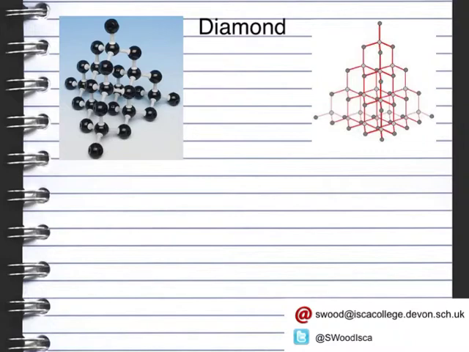Now like carbon graphite, carbon diamond can be made of millions and millions of carbon atoms. Now they're held together like the graphite with a strong covalent bond. Now like the carbon graphite, this strong covalent bond means it has a very high melting point.